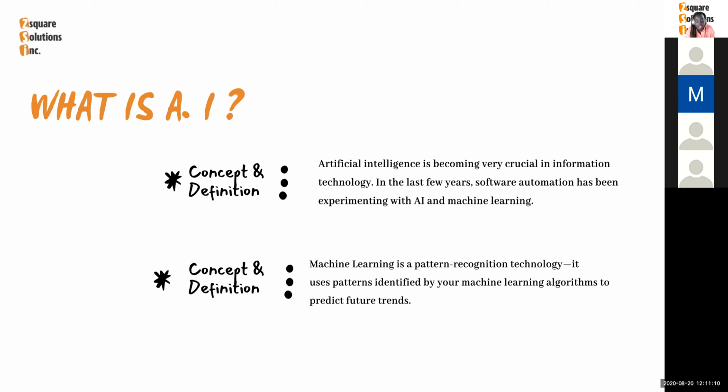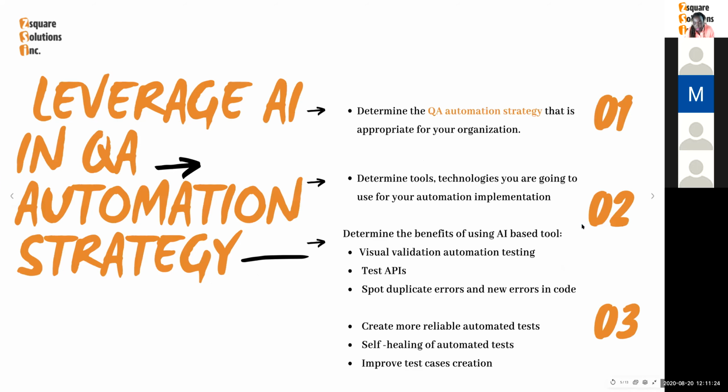So the key words here are really pattern recognition and prediction of future trends. That's going to be really important in how we can leverage machine learning in software testing and software automation.